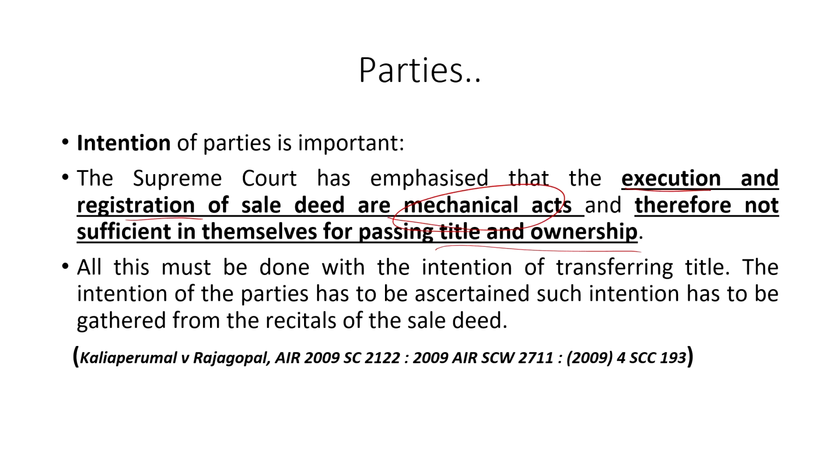Okay, why he wanted to transfer, what was the reason for transfer, and whether there was free will in the transfer or not. All these things may be reflected, or if the deed is not reflecting, then it can be taken from the witnesses and other evidence also, whether the party really intended at that time that the property must be transferred.